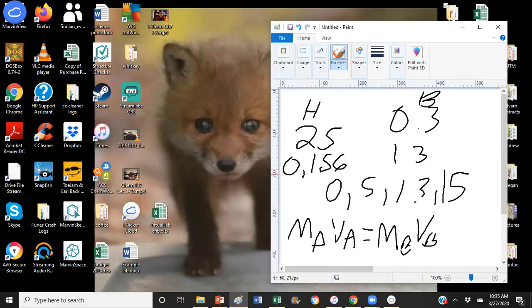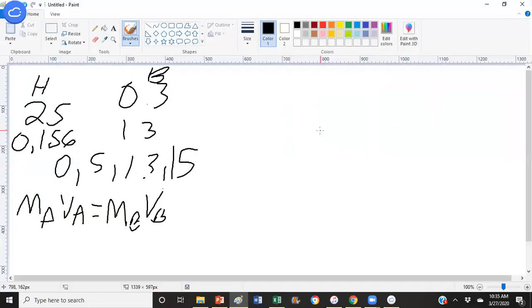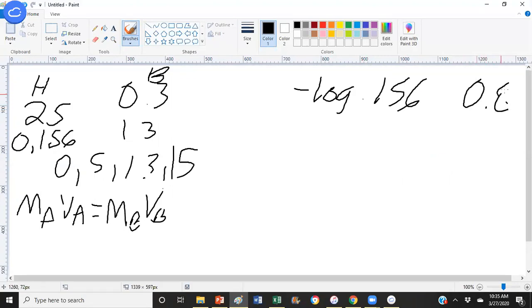So with that in mind, at the initial point, at 0 base, the negative log of 0.156 is 0.81. So there's our pH.